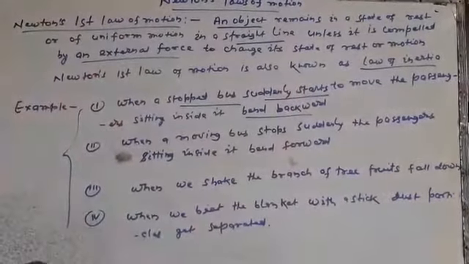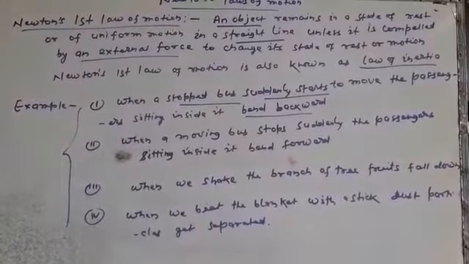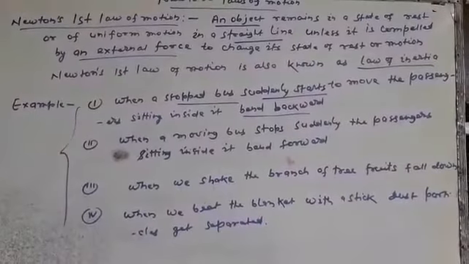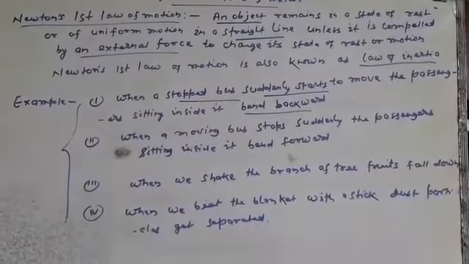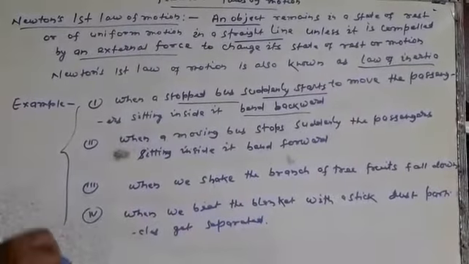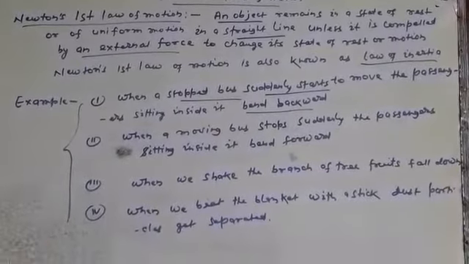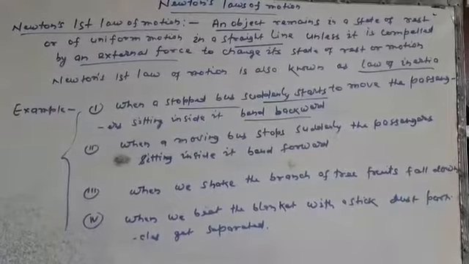Very simple answer. Before moving, the bus is in inertia of rest. But when the driver starts it, the bus comes in motion, but the passenger wants to remain in the inertia of rest. That's why they bend backward.